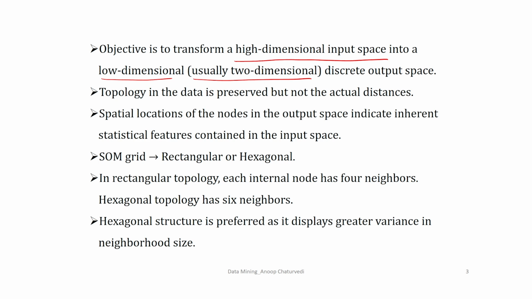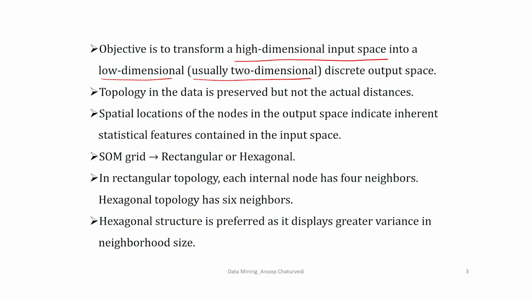Topology in the data is preserved, but not the actual distances. So, while reducing the dimension, we keep the topology in the data, but not the actual distances. Then spatial locations of the nodes in the output space indicate inherent statistical features contained in the input space.